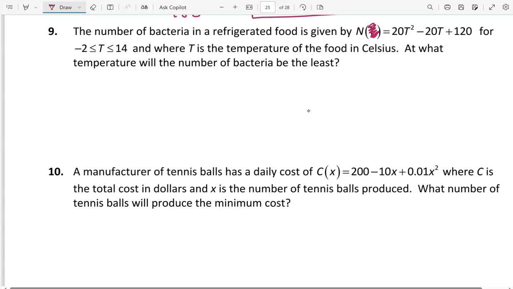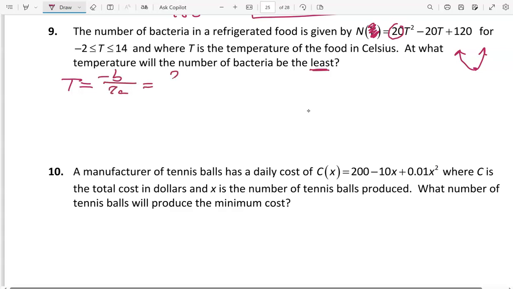At what temperature will the number of bacteria be the least? So this time we are looking for a least value. And that kind of makes sense because in this quadratic function, a is positive, which means that this parabola will open upward, which means it's going to have a minimum point. All right, so at what temperature? Well, guess what? t equals negative b over 2a.